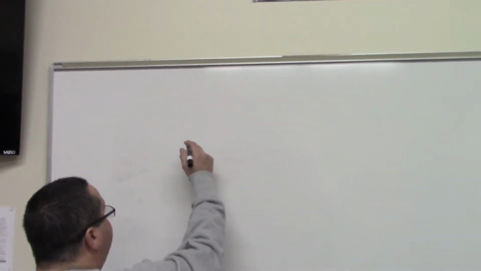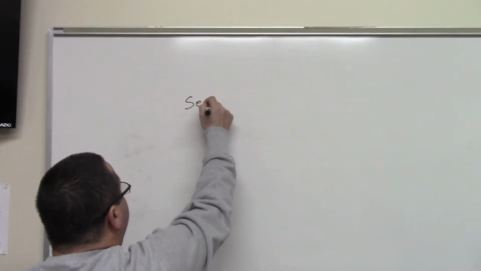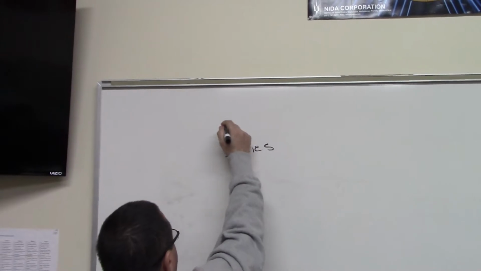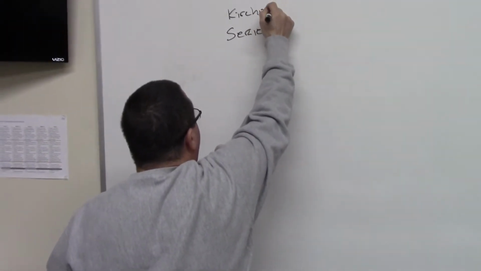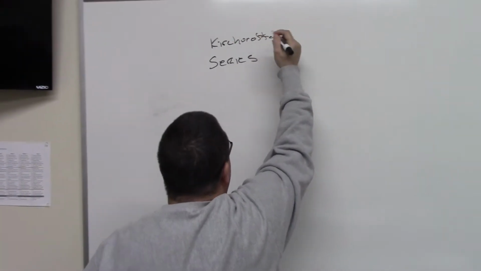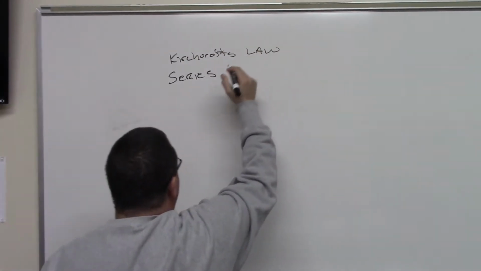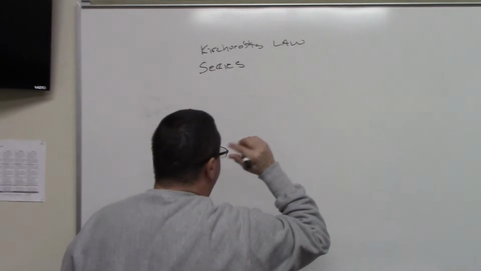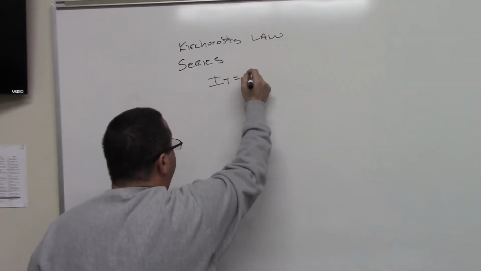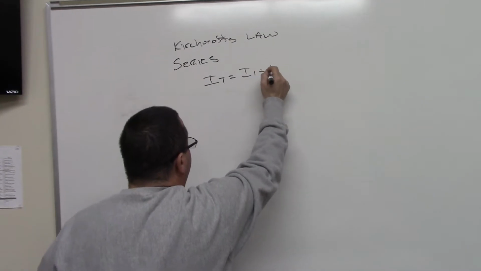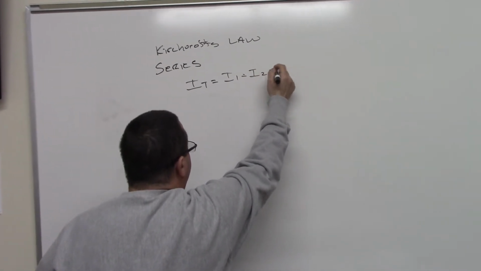If we want to do Kirchhoff's law in series. I spelled Kirchhoff's law wrong, but it doesn't matter. Kirchhoff's law in a series circuit, what you need to know: the total current, IT, is equal to I1, which is equal to I2, which is equal to I3.